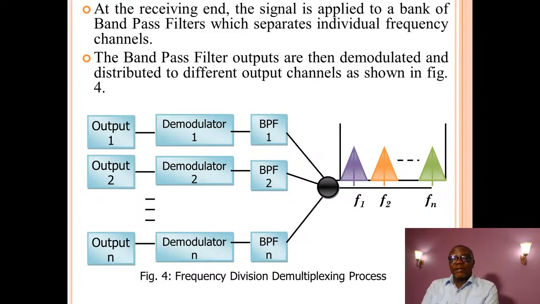Likewise, when F2 comes in, demodulator 1 and demodulator N and other demodulators will not see it, only demodulator 2, because band pass 2 will only allow the signal equivalent of F2 to pass. And like that, the whole signals will be separated at the receiving end.